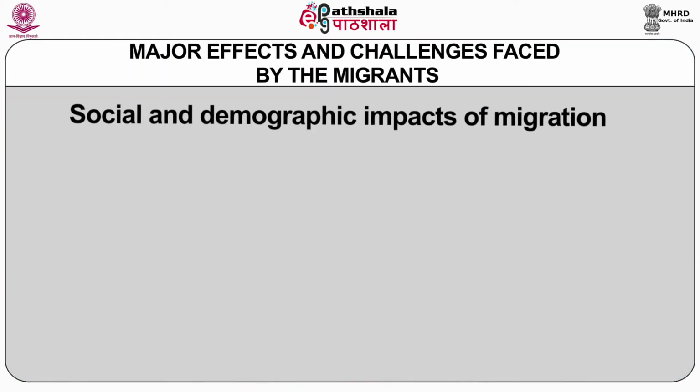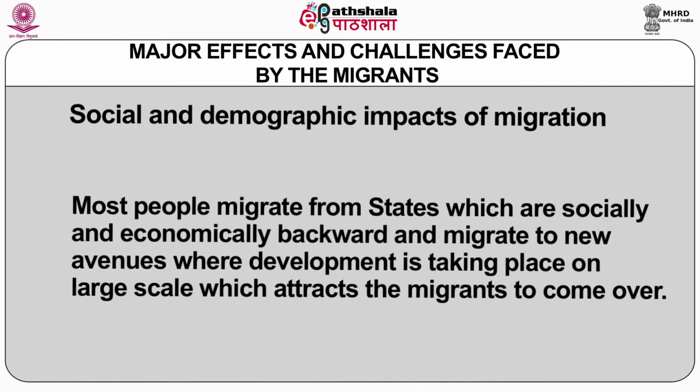Let's now look at the social and demographic impacts of migration. Most people migrate from states which are socially and economically backward to new avenues where development is taking place on a large scale, which attracts the migrants to come over.